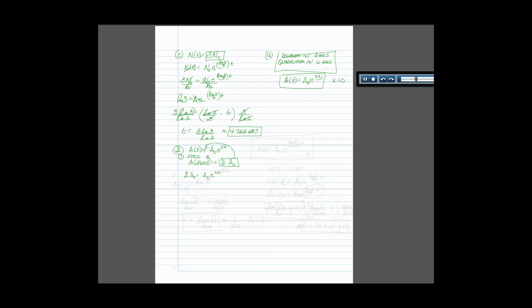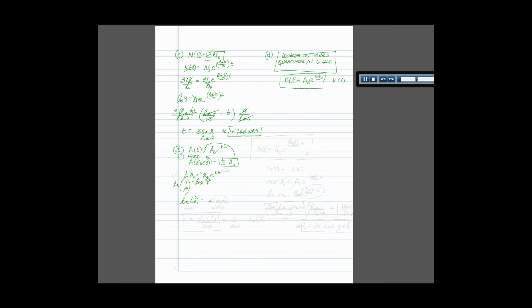And you can see if I divide both sides by A sub naught, those are going to go away. And I have 1/2 equals e to the kt. Well, I can just take the ln of both sides, correct? I can take the ln of both sides, and I have ln of 1/2 equals kt.